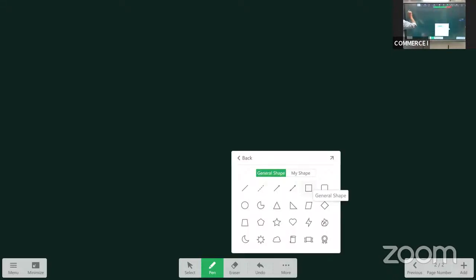Let us take question number 8. Prepare trading account and profit and loss account of Suresh Traders for the year ended on 31st December 2017. He is asking us to prepare trading account and P&L account of a firm by the name Suresh Traders. Okay, shall we?